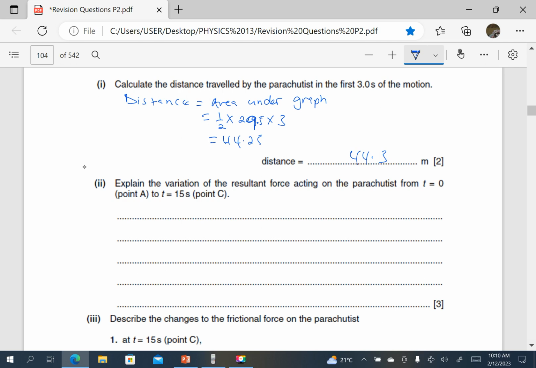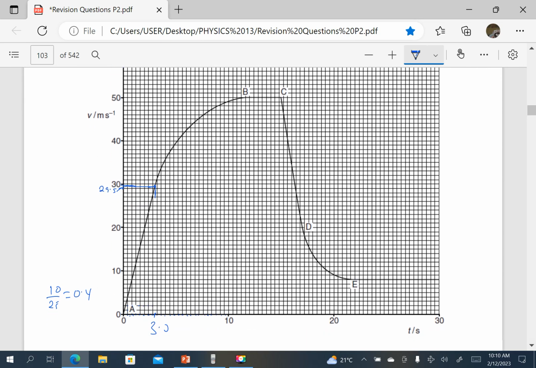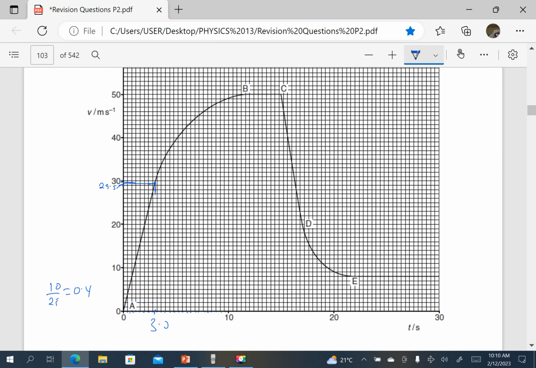Explain the variation of the resultant force acting on the parachutist from t equals 0 to t equals 15 seconds at point C. Okay, so we are talking about resultant force. For the first 3 seconds, the acceleration is constant because it's a straight line, so the resultant force here is constant.